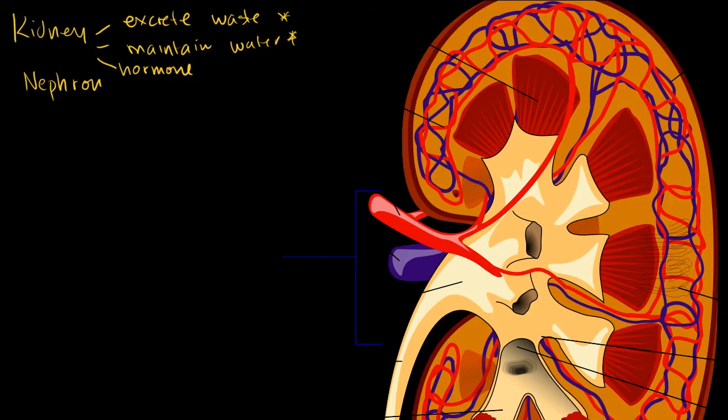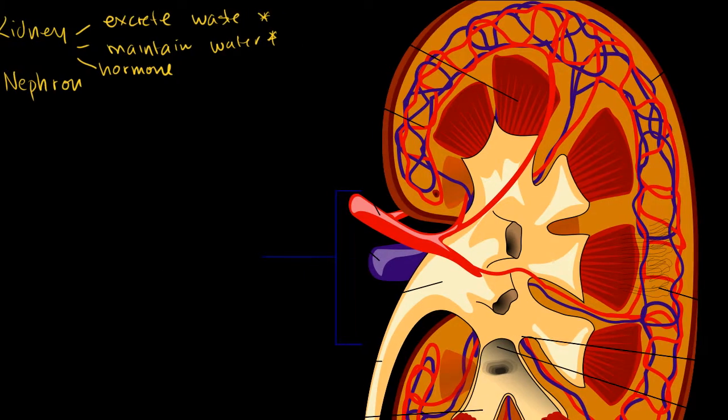Just to understand the different parts here, because it'll be significant when we start talking about the nephron within the kidney. This area right here, from here to here, is called the renal cortex. If you hear renal anything, that's referring to the kidney. So this outer part is the renal cortex. And this area right here is the renal medulla.